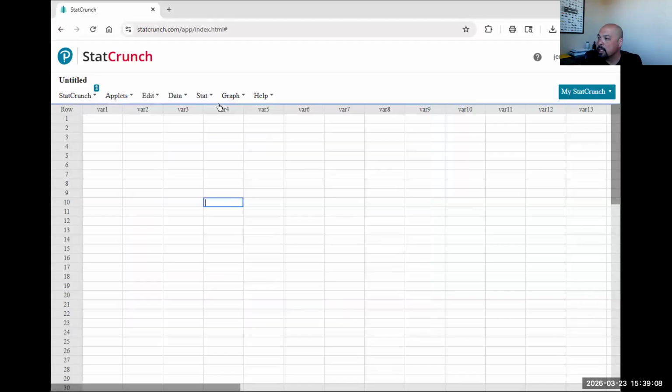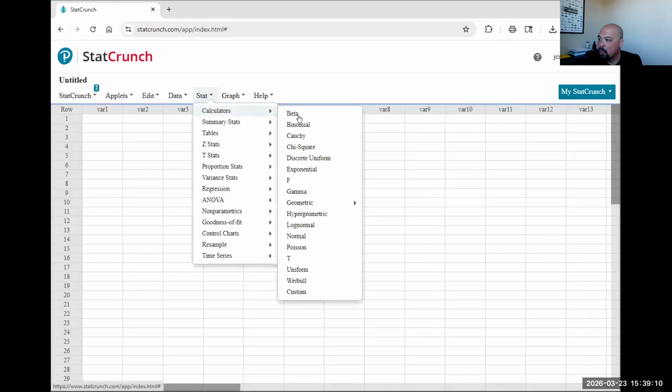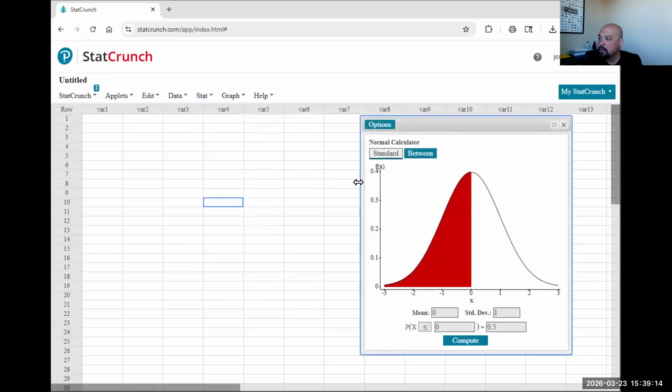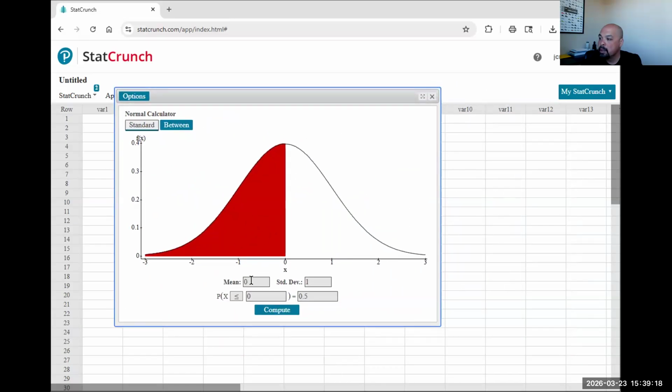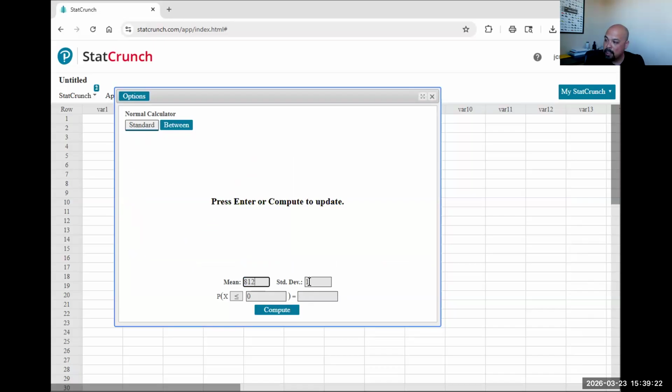I'll close this out for a second, but go to Stat, Calculators, Normal. Expand that view so we can see a little better. Our mean is 812 for that score. The standard deviation is 47. This time, I'm going to leave that X less than, because we want the lower side, blank.